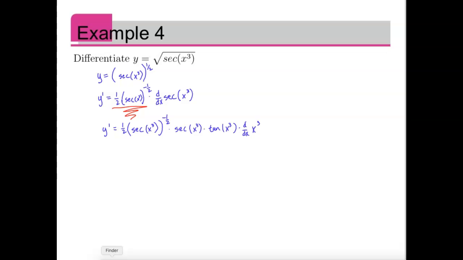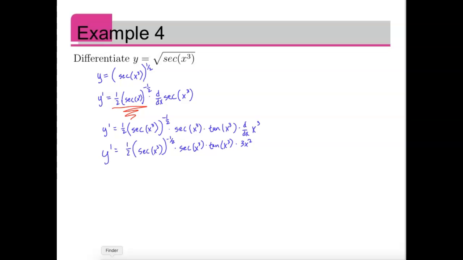And that's going to be my last calculus, right? Because x cubed isn't a composite function. I can just use the power rule on it. So derivative of x cubed is just 3x squared. All right, and the calculus has been done.